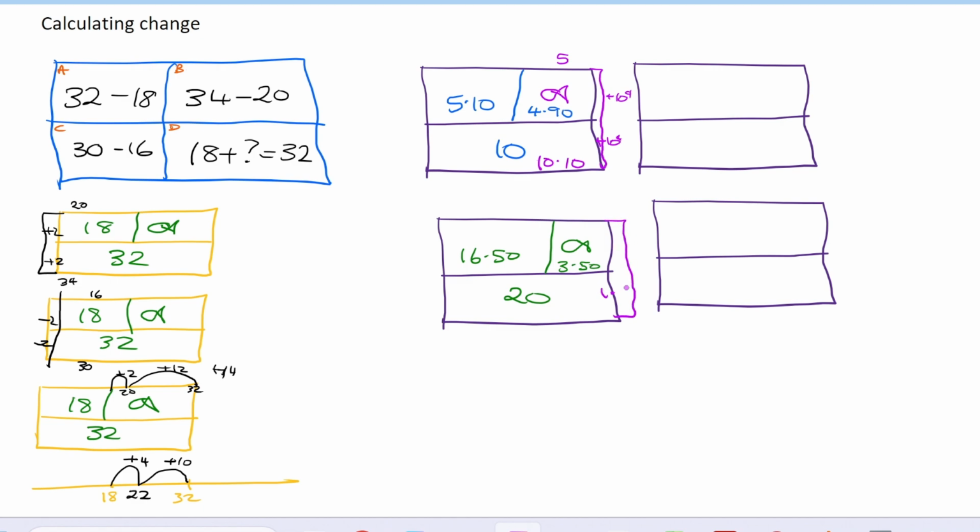So if I add $1.50 and $1.50, now I'm paying $21.50. And the difference between $16.50 and $21.50 is this $5 here. So this is very different to the first 3 examples where I did not change the answer. So in this case, I am changing the answer.